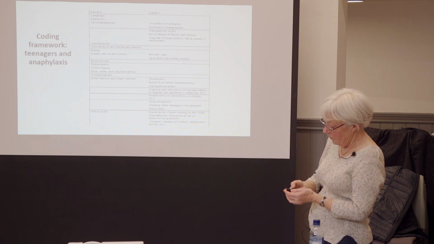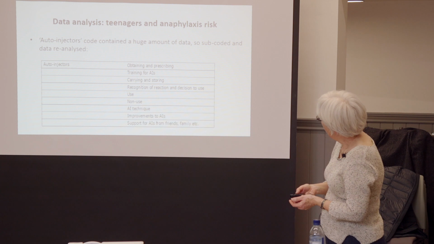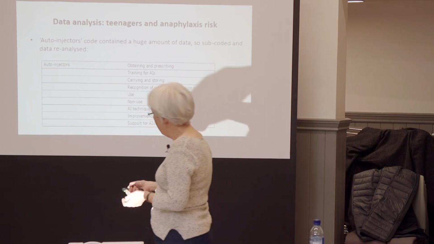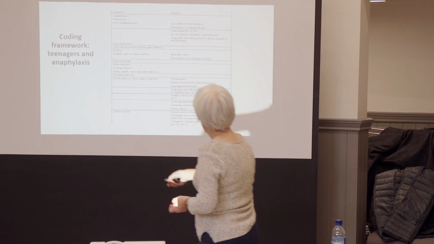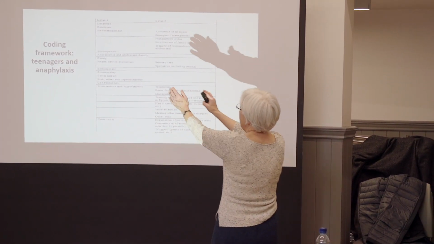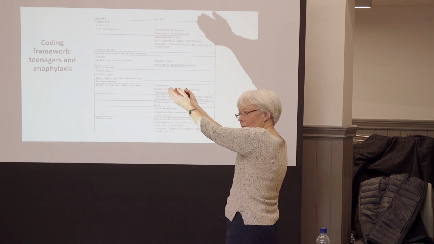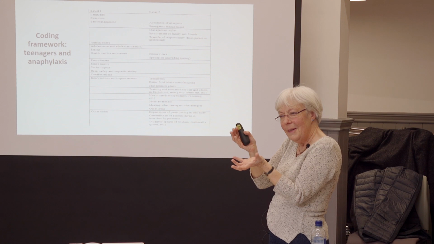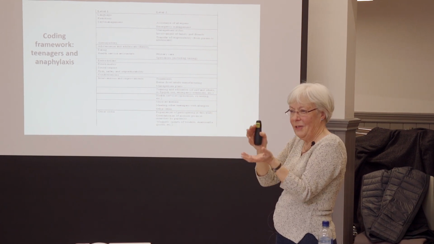Level 1 and level 2 codes, what's the difference between them? Okay, so these are higher level ones. So auto-injector is a top level code. So you would have, do you use a particular coding computer analysis? Yeah, okay.